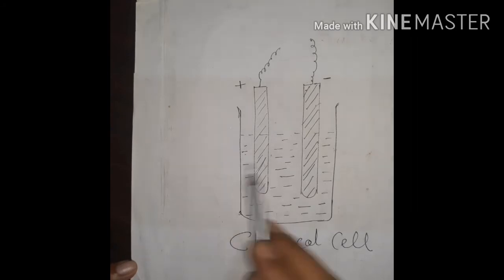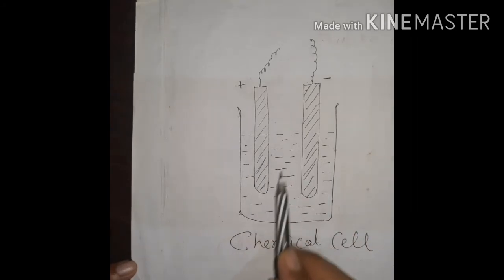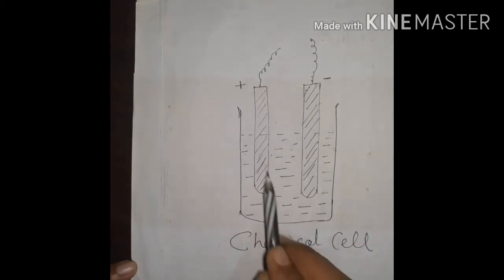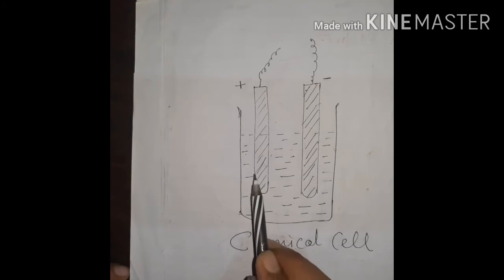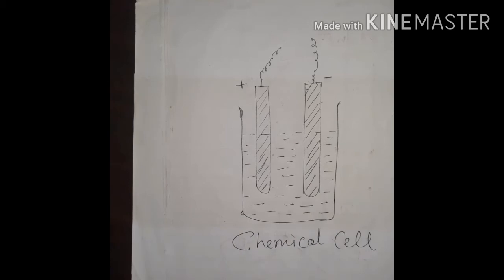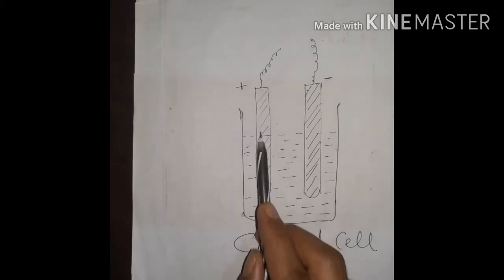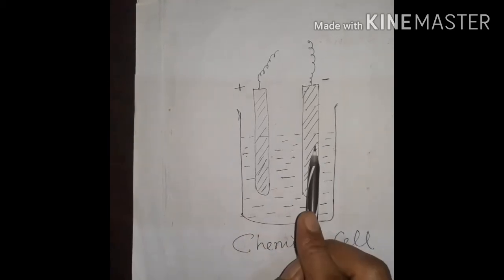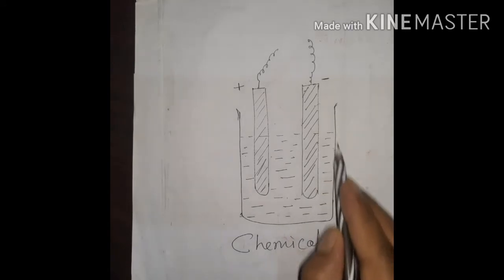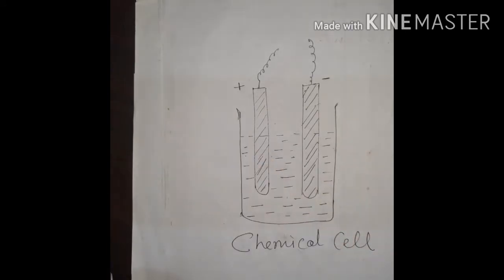So as you know, this cell is formed by placing electrolyte in a voltameter, and then we immerse two metallic rods depending on the nature and what sort of cell we have to make. One terminal becomes positive, another becomes negative with respect to the solution or electrolyte inside the voltameter. This device is known as a voltameter.